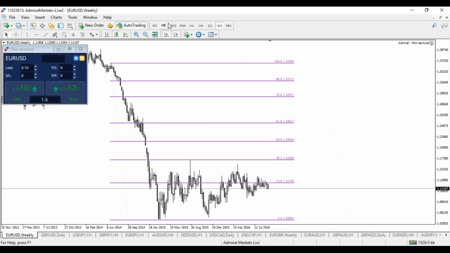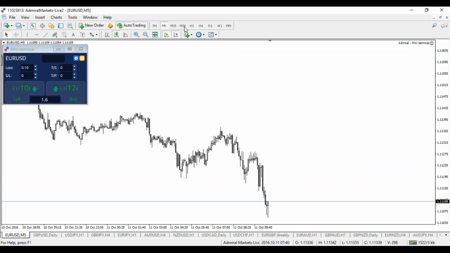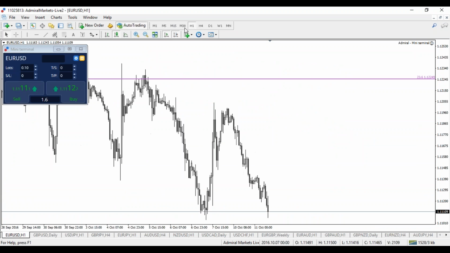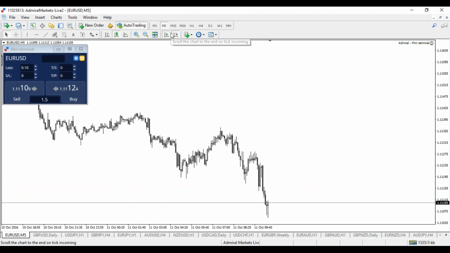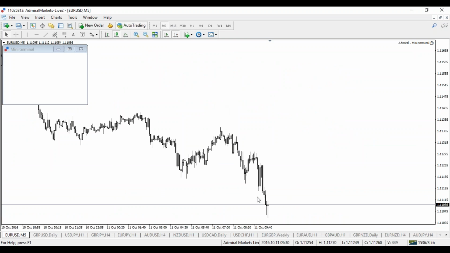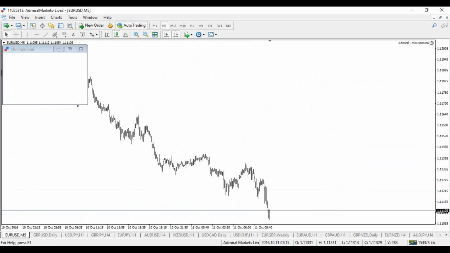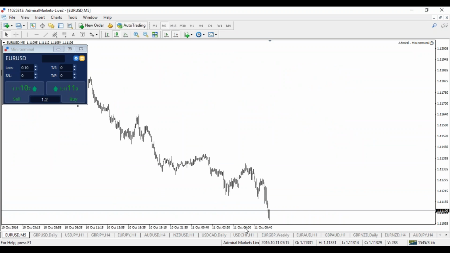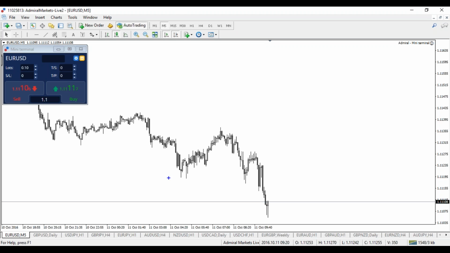Your dollar. Your dollar is still at the bottom. It is moving, indeed. It doesn't look really like a head and shoulders pattern anymore so much.